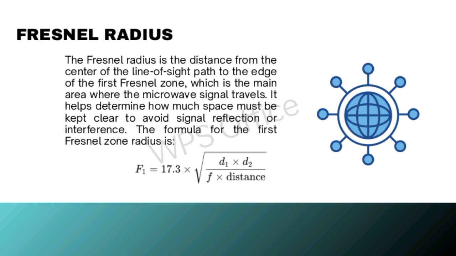If something like a tree or building gets inside that invisible tunnel, the signal can bounce, weaken, or get blurry, just like hitting an obstacle. So, the Fresnel radius tells engineers how big that invisible tunnel should be kept to make sure that the signal travels smoothly. The formula for Fresnel radius is 17.3 times the square root of D1 times D2 over frequency times distance.